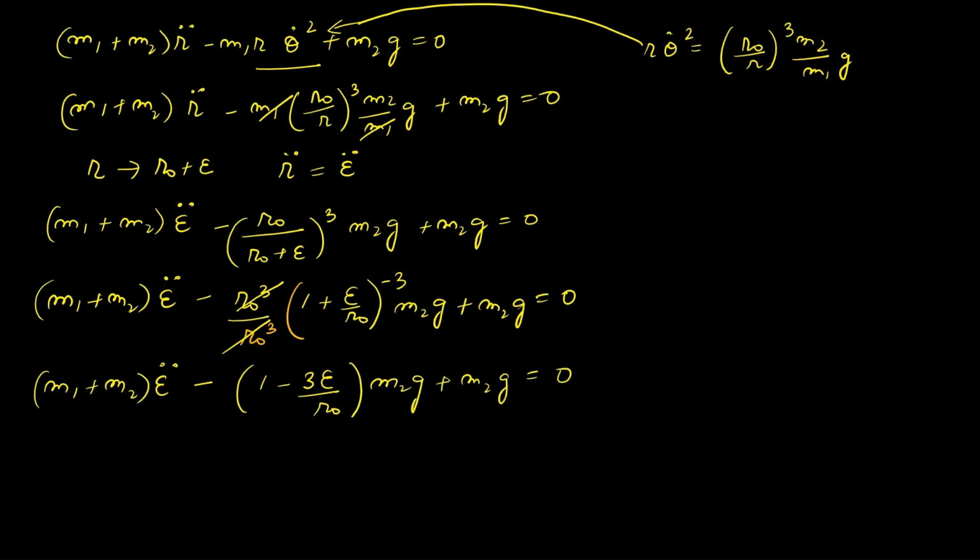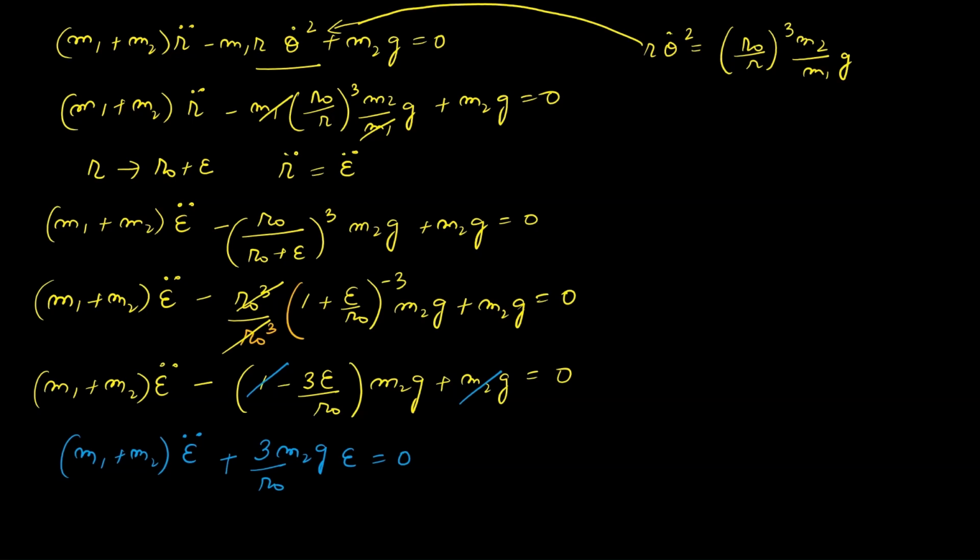This is equal to 0. Here we can see this will cancel out with this. So M1 plus M2 epsilon double dot plus 3 M2G epsilon by R0. This is equal to 0.